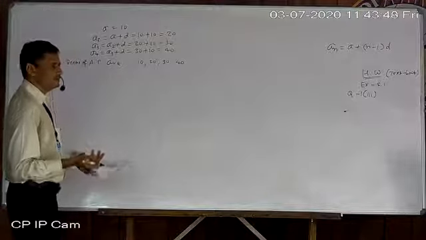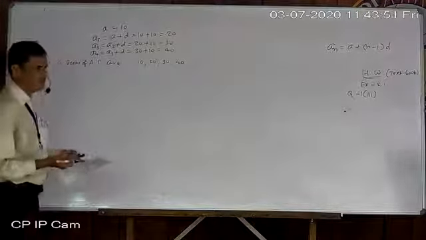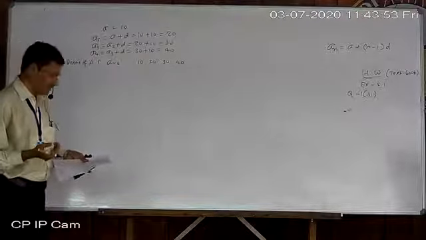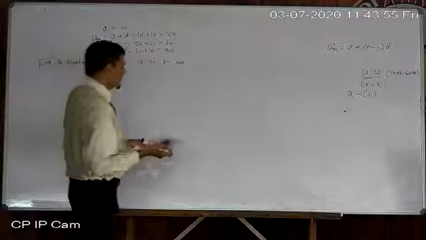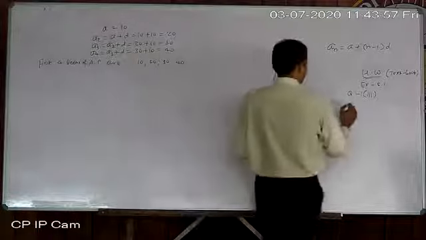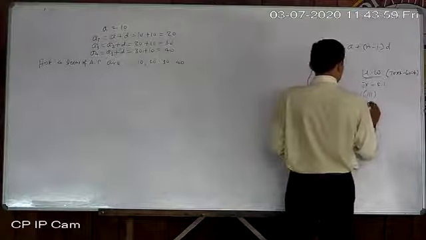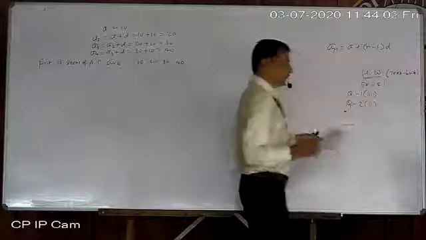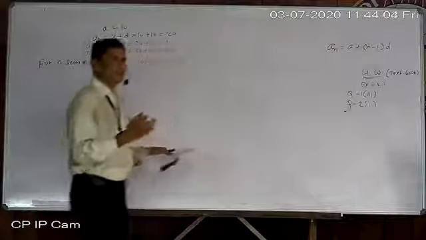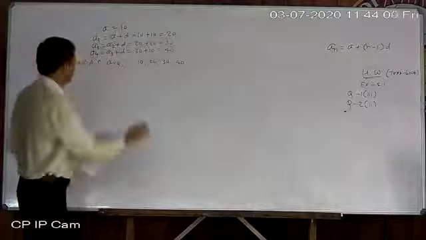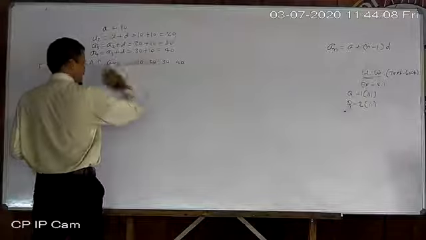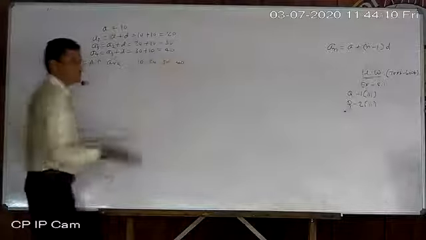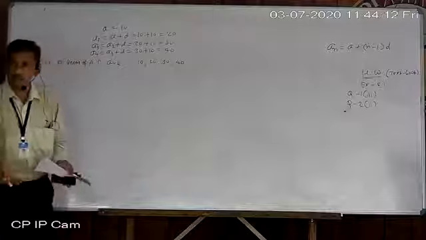Somewhere it is a fraction, somewhere a minus is given, but I don't think it is difficult. Even then, I give you a few sums. The second one is very simple. If you add 0, then it will be minus 2 only. So all terms will be minus 2, minus 2, minus 2 like this. Write down directly, since 0 is added.